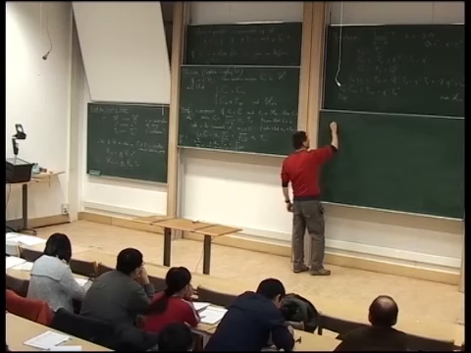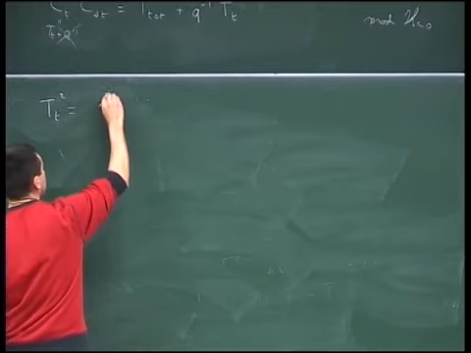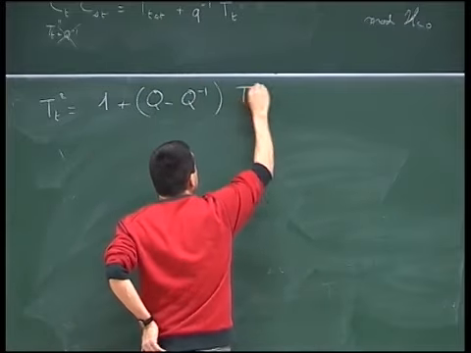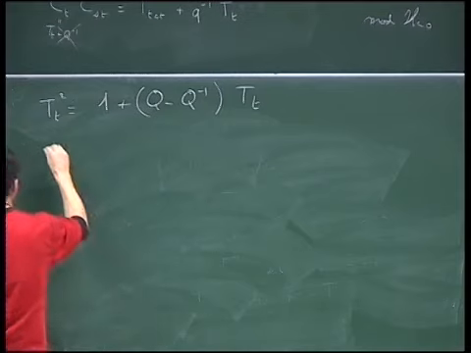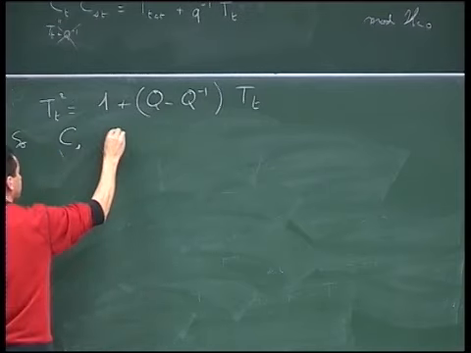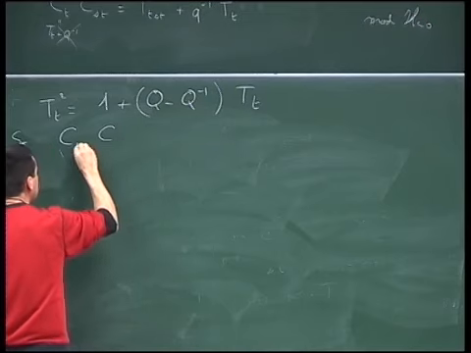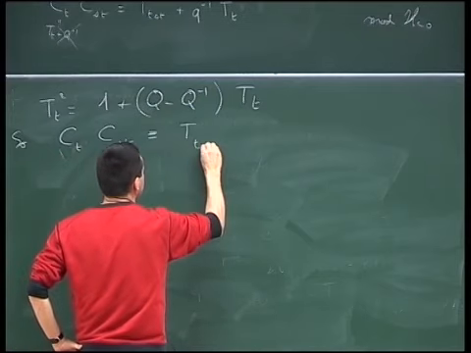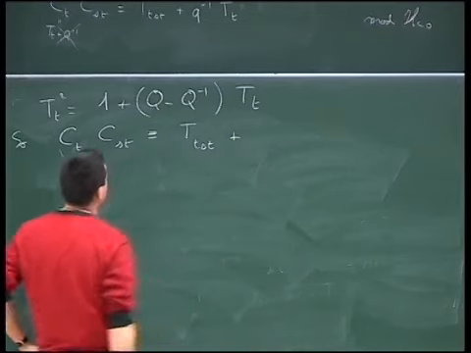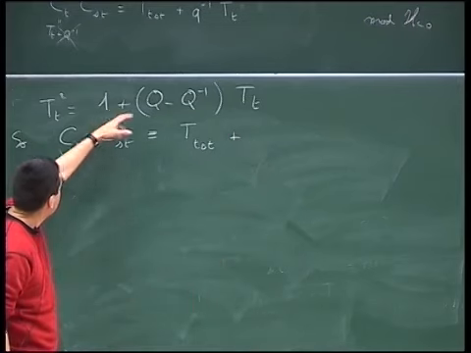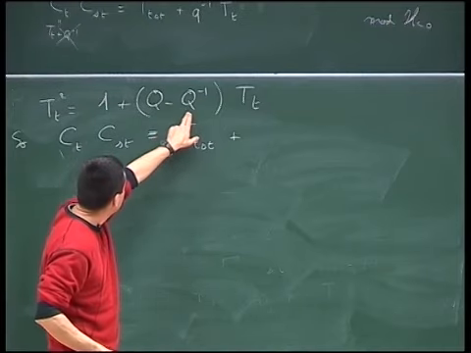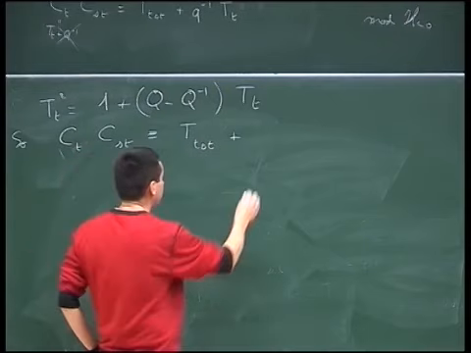But TT square, this is equal to 1 plus Q minus Q inverse TT. So finally we get that CS times CT times CST is congruent to TTST plus, well, the 1 will multiply by Q inverse will live in the negative part. Little q inverse, capital Q inverse will also live in the negative part, and we get this.